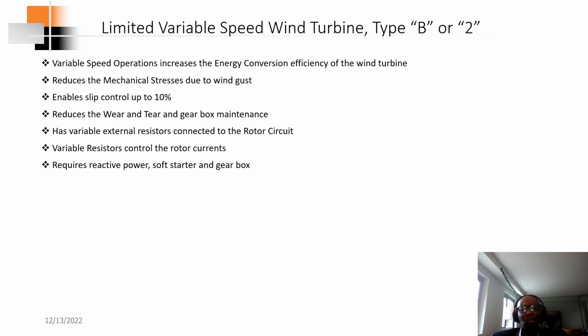Because of the soft start that is used to bring it up to speed during starting, it reduces the wear and tear and also the gearbox maintenance. Like I mentioned, the variable resistors are embedded in the rotor winding and allow you to vary the resistance of the rotor so as to control the speed of the wind turbine. It also requires reactive power and a gearbox.